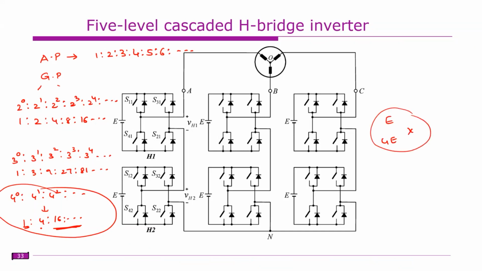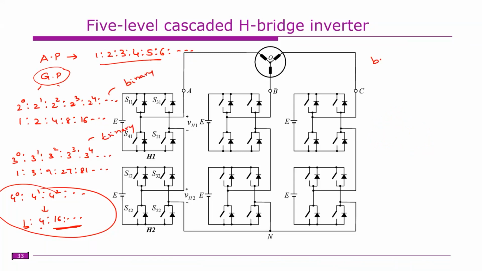So the only thing is, the ratio must be either in arithmetic progression like 1:2:3, E, 2E, 3E, 4E and so on, or in geometric progression with binary coefficients, and this is trinary coefficients. So only these two are possible.